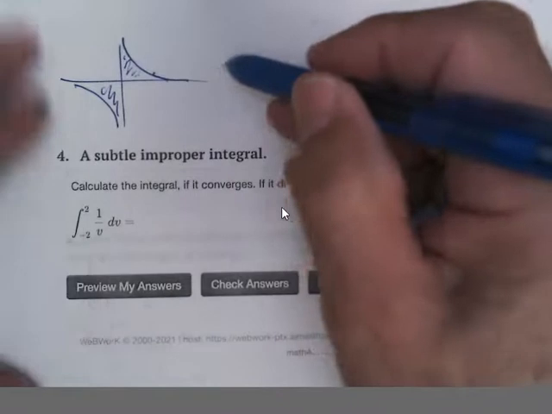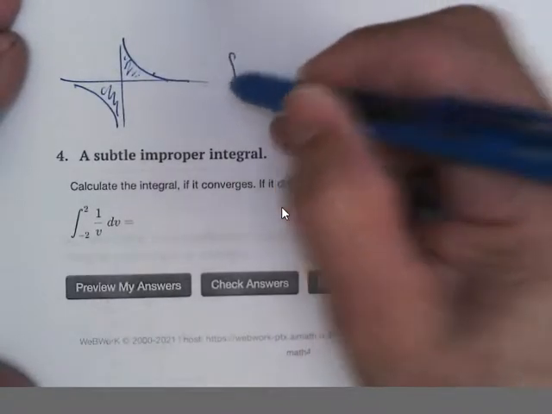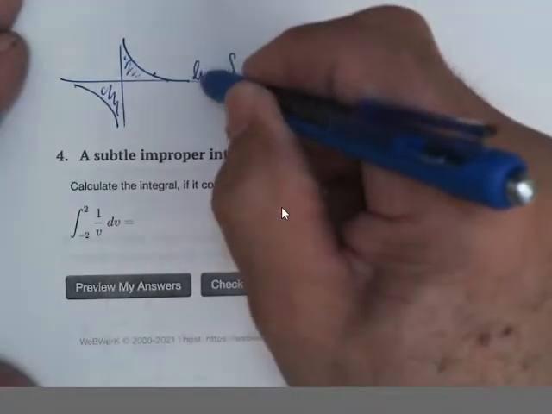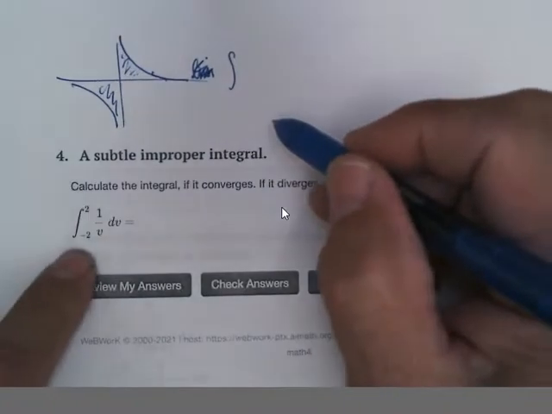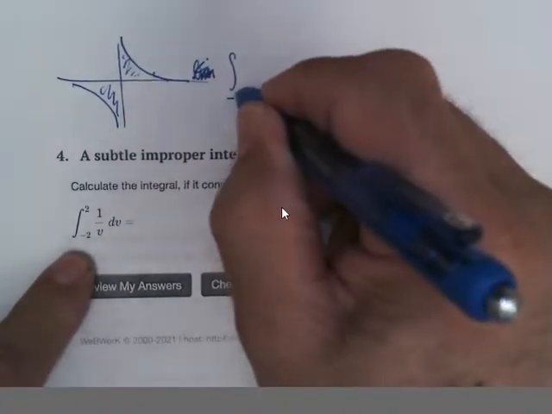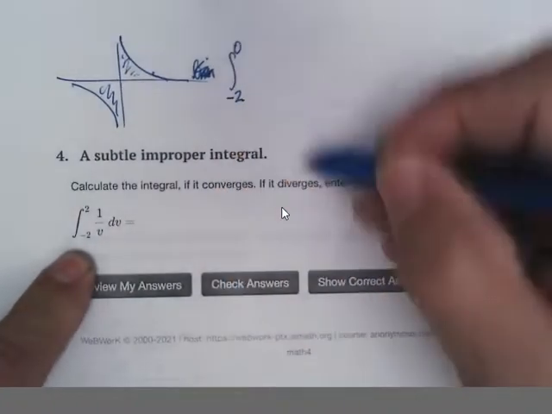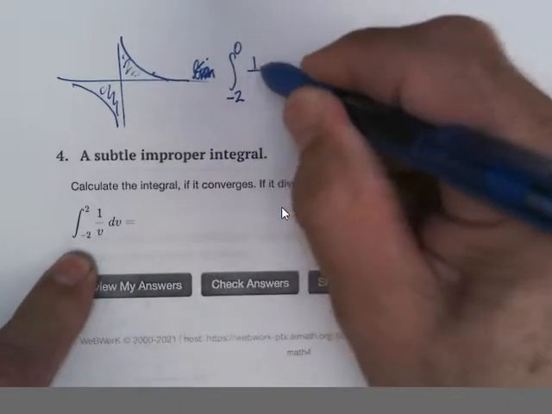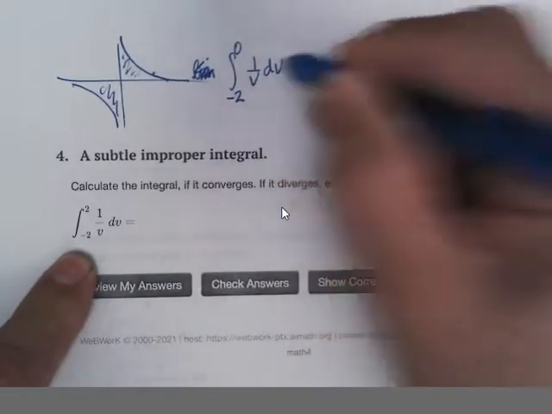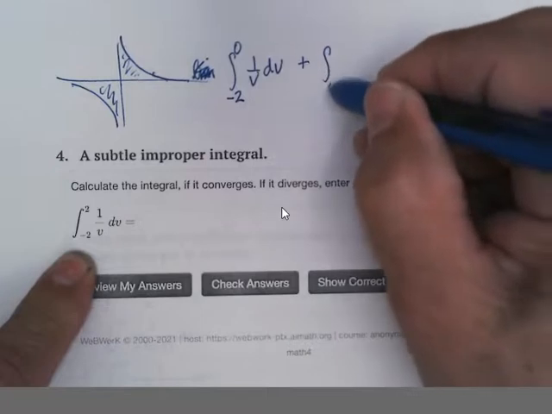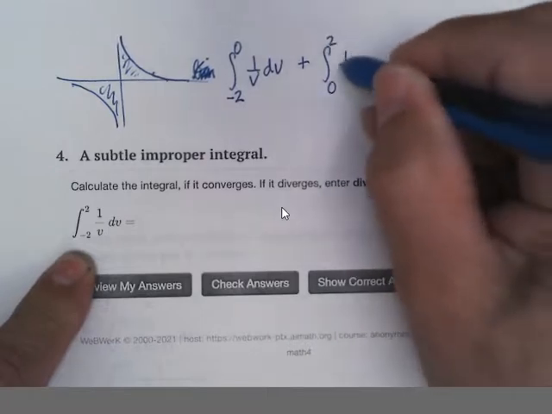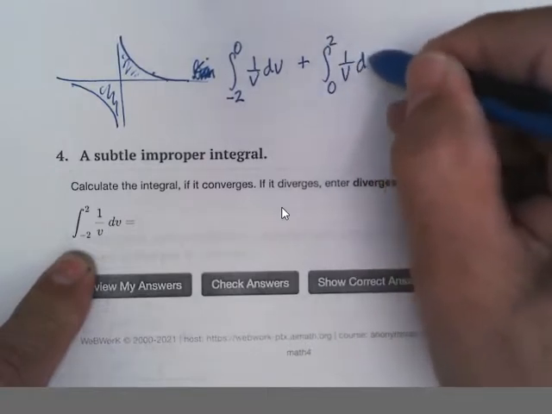So we would have to do this as the integral, the limit. Well, let's split this up into 2. It'd be from minus 2 to 0 of 1 over v dv plus the integral from 0 to 2 of 1 over v dv.